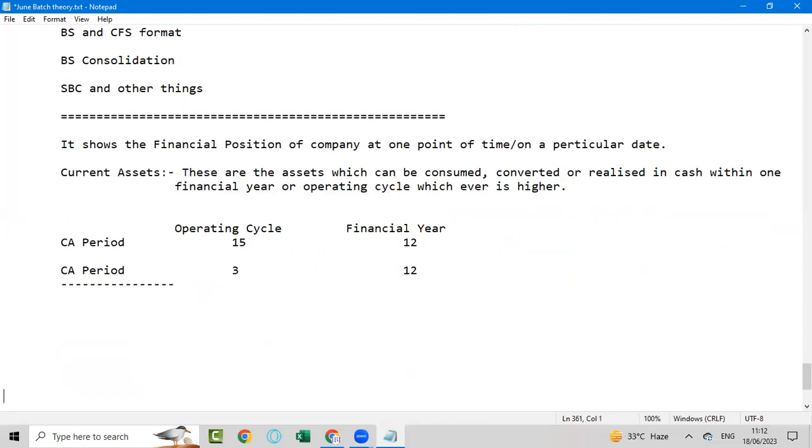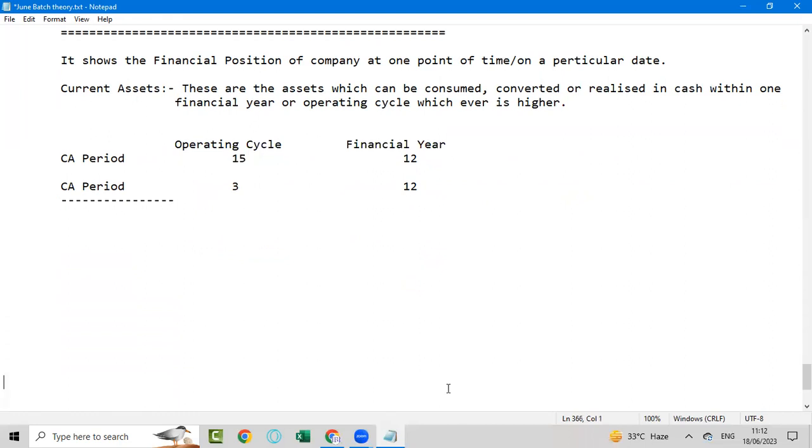Now, what do we have in current assets? First is cash. Second is cash equivalent. Then we have marketable securities.